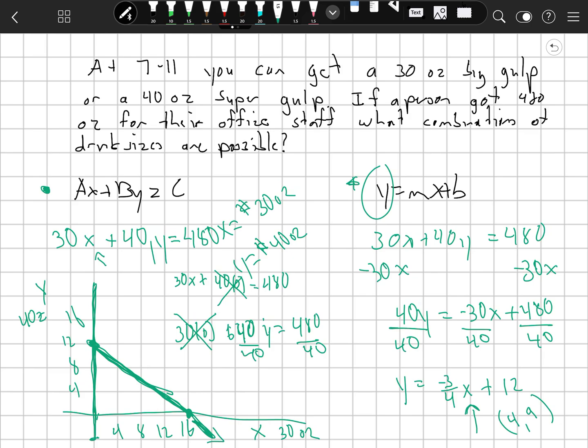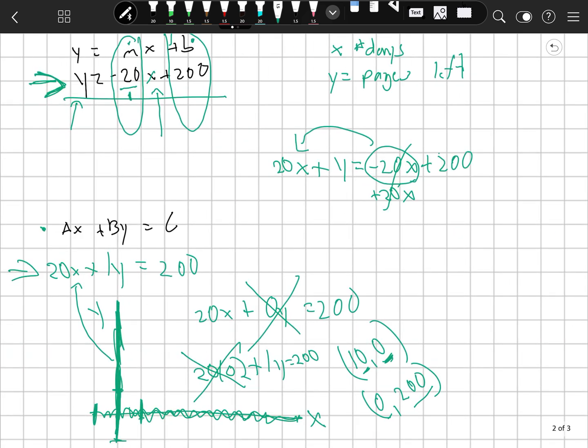So there are advantages to both standard form and slope-intercept form. The advantage to slope-intercept form is you can see the slope and the y-intercept, and you can plug an input in and get an output out. The advantage to standard form is it's fairly easy to find the two intercepts, the x and y intercept.